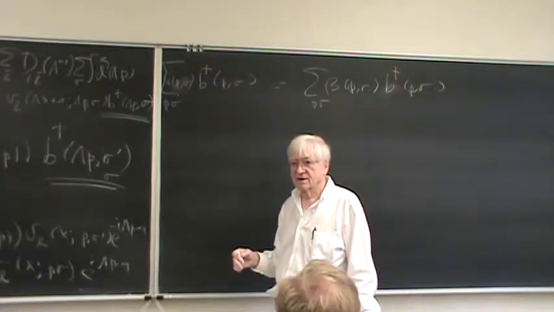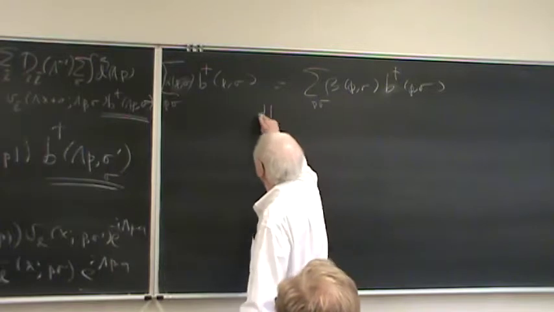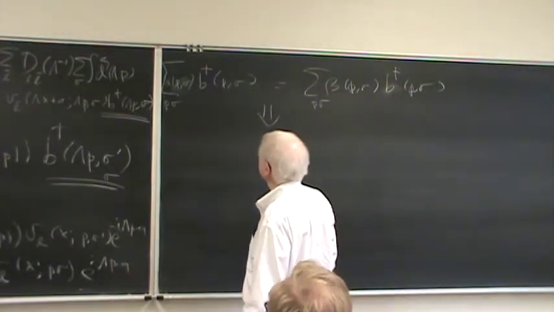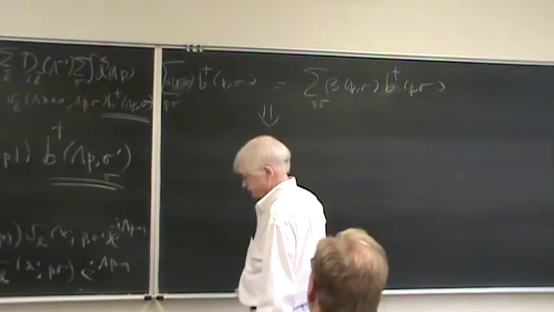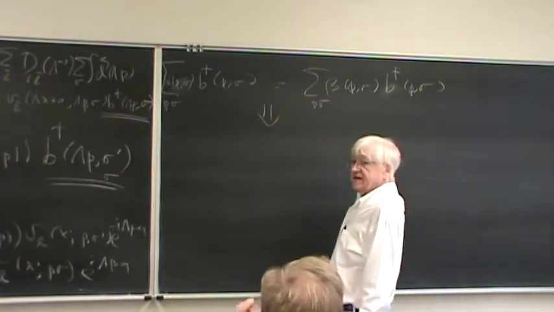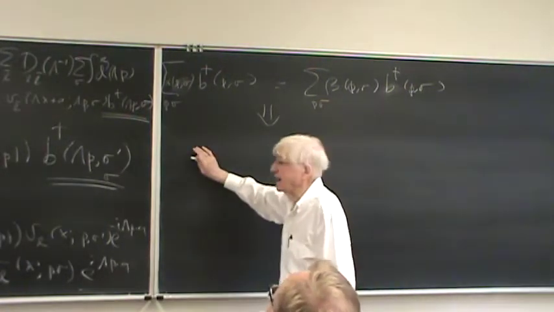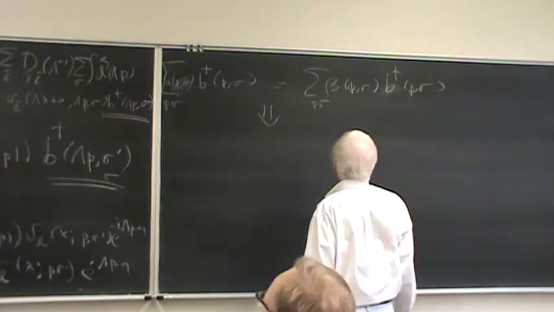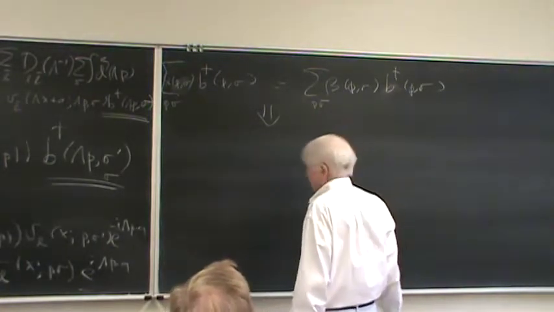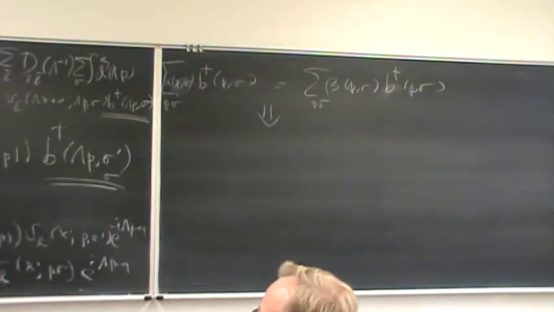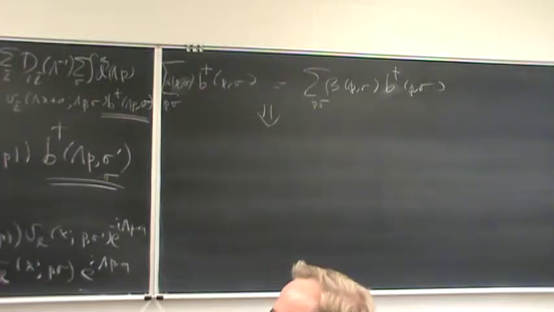Think of it as acting on the vacuum and taking the inner product with some state. You could take any state on the right, any state on the left. If you acted on the vacuum and took the inner product with a p prime sigma prime, that would do it.